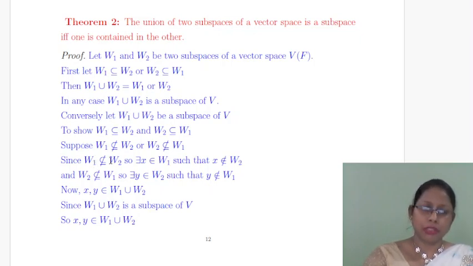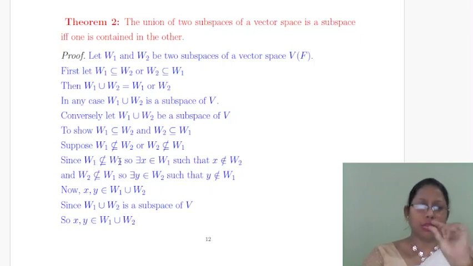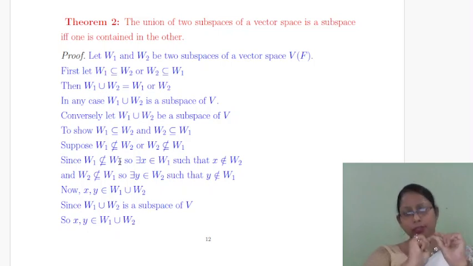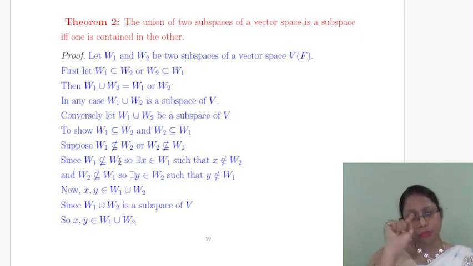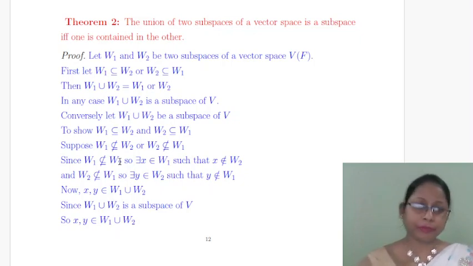As W1 is not contained in W2, I will get at least one x that belongs to W1 but does not belong to W2. Again, W2 is not contained in W1, so I will get at least one y that belongs to W2 but does not belong to W1. Otherwise, one is contained in the other. Here we have considered no one is contained in the other.